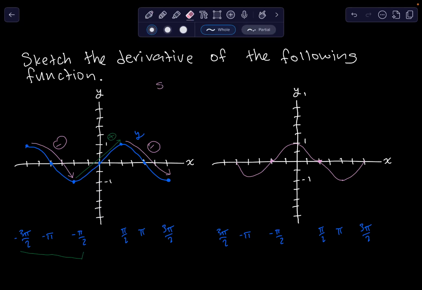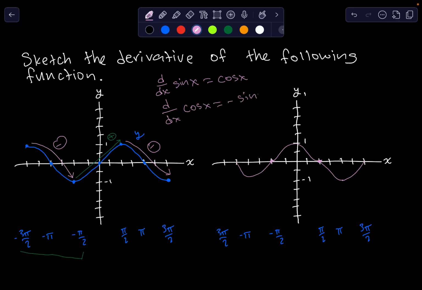So let's say we have the derivative of sine of x. We're just going to get cosine x. And it'll just continue to oscillate back and forth between these same values. These functions are especially like that because they're just going to eventually become themselves. Like if we took the second derivative of sine x, or essentially the derivative of cosine x, we would get negative sine x.